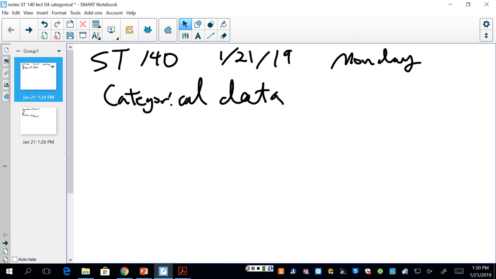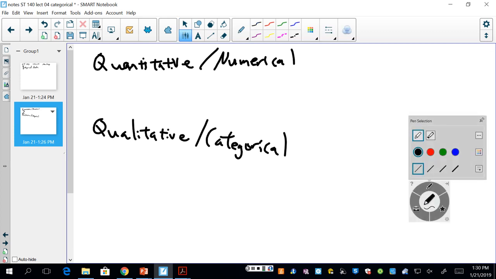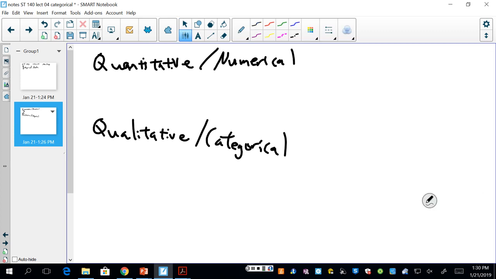So in that, there's a distinction that's usually made, or useful to make, between quantitative variables and qualitative ones. Sometimes the quantitative ones are called numerical. These are types of variables that measure a numerical outcome.